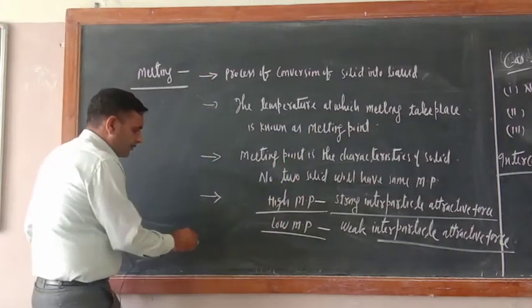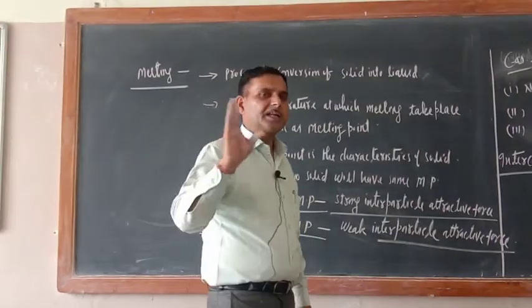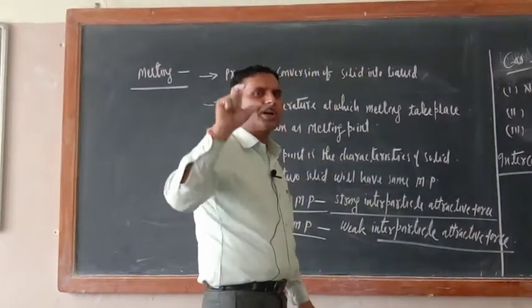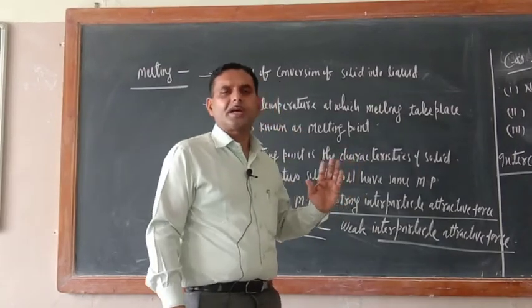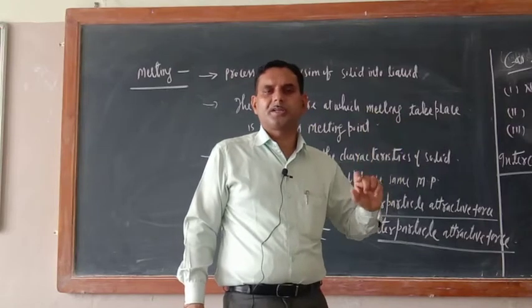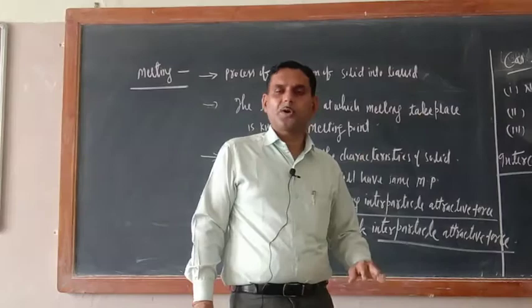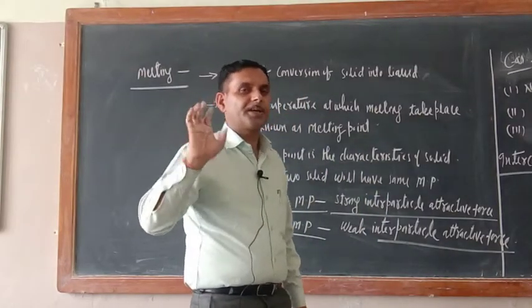One more important point is here, just try to understand. Whenever any solid gets melted, when the melting point of that solid is reached, at that time what is there? For some period of time, the reading of thermometer remains constant until the entire solid gets melted. Suppose one substance is there, its melting point is 10 degrees Celsius.